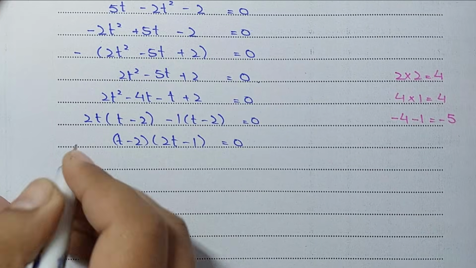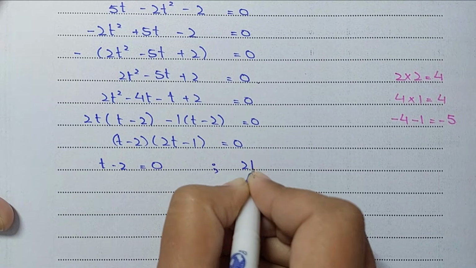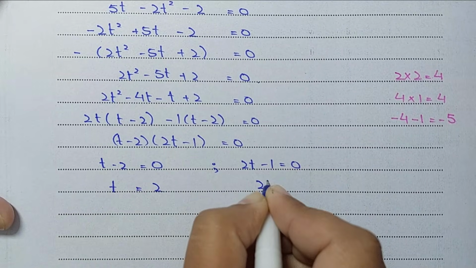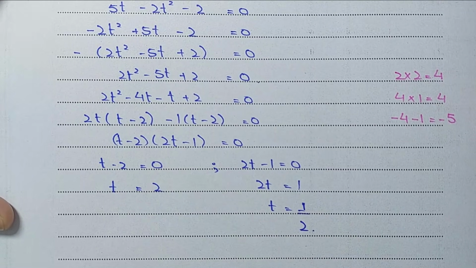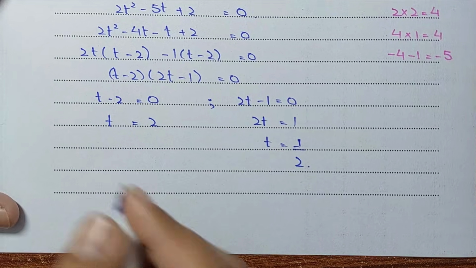Okay. So from here, t minus 2 equals 0, or we can say 2t minus 1 equals 0. So t is 2, and here 2t is equal to 1 and the t value is 1 by 2. Now put it back. What is your t? t is x to the power 1 by 2, right?